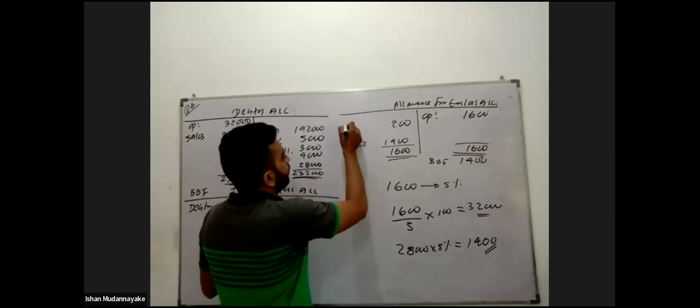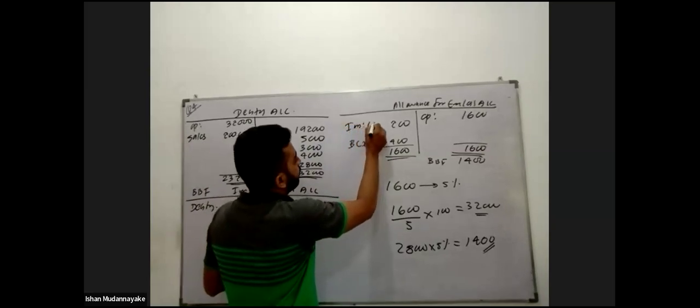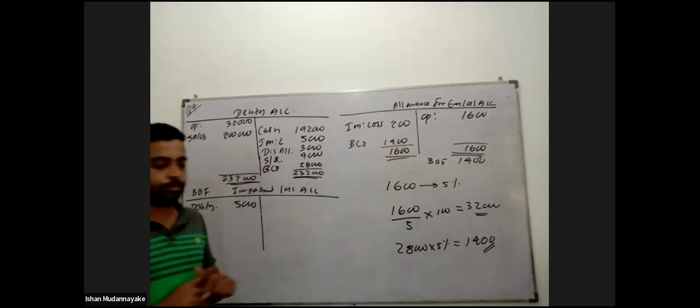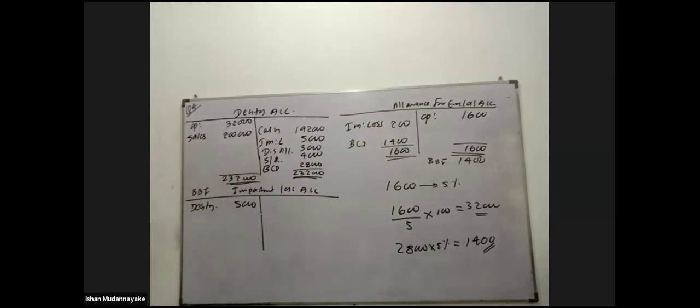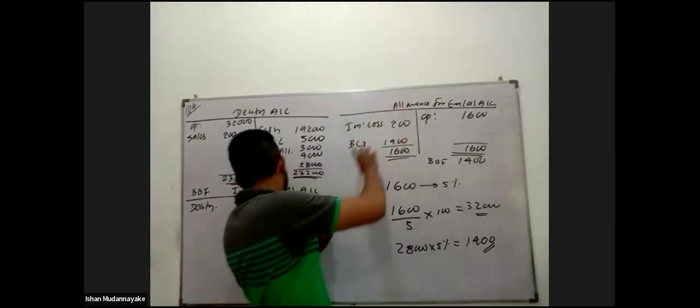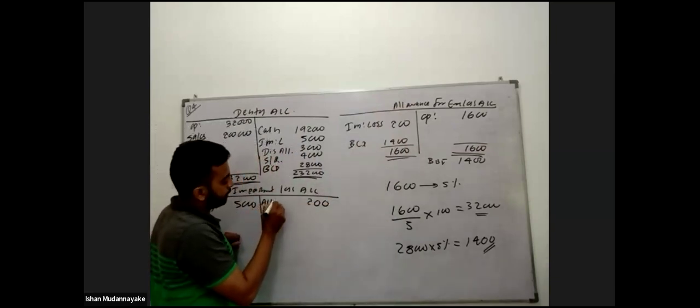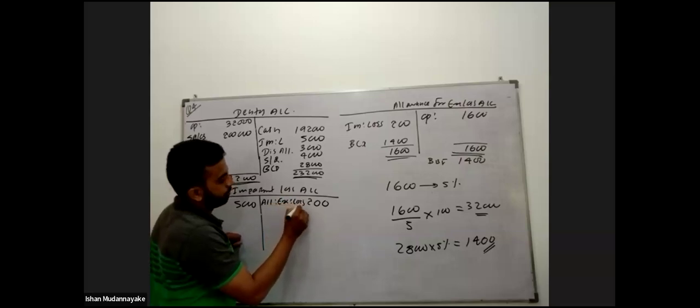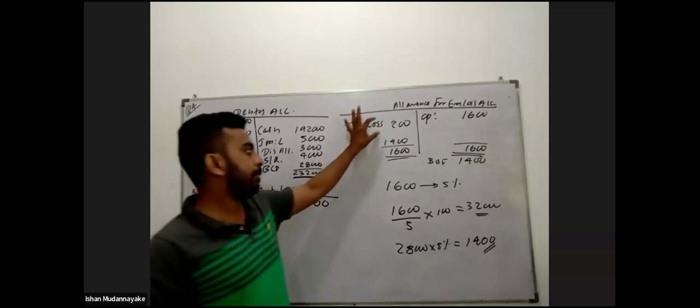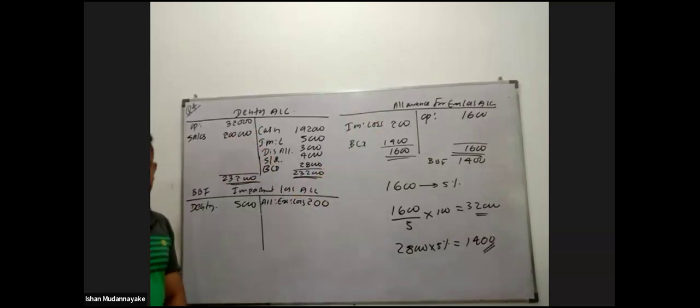Then 200 is transferred to the impairment loss account. Allowance for expected loss account debit, impairment loss account credit.